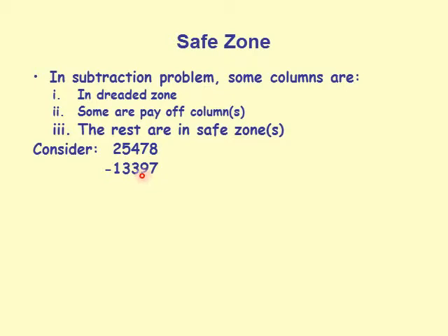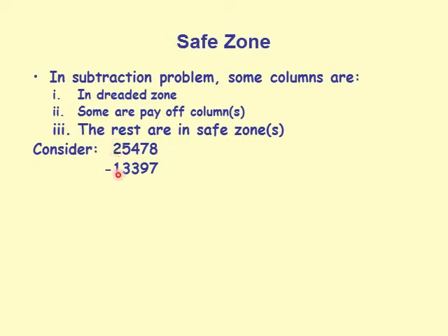Moving forward to the left, 4 minus 3 in the hundreds column is a surplus column and it terminates the growth of the dreaded zone that started in the tens column. So the hundreds column, 4 minus 3, is a payoff column. The thousands column, 5 minus 3, is a surplus column with no obligation to the right, so it's in the safe zone.